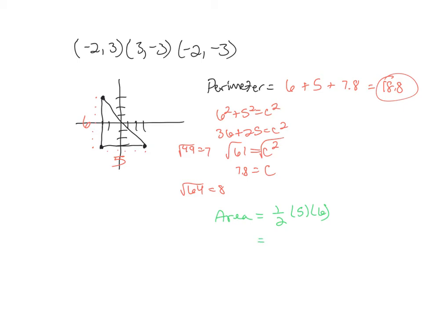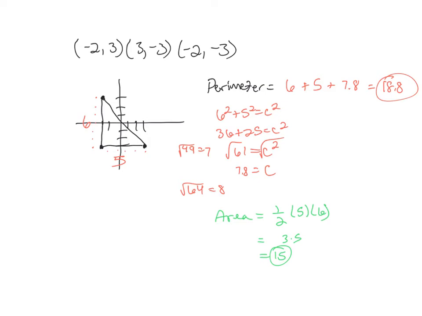So I would do half of 6 is 3 times 5 is 15. Okay, so usually if the perimeter one is a little bit harder, the area one is a little bit easier. But it just kind of depends on the problem.